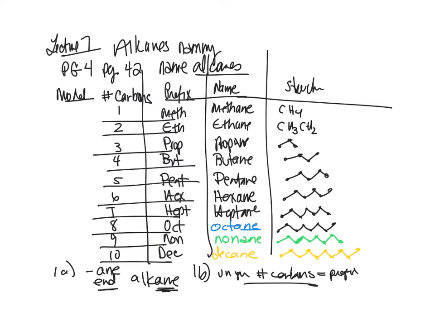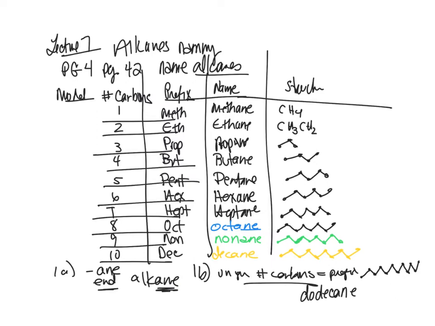The prefix dodec means 12. Give the name of the corresponding alkane and draw that structure. So dodecane means 12. So 1, 2, 3, 4, 5, 6, 7, 8, 9, 10, 11, 12. It's like drawing a Charlie Brown shirt, isn't it?